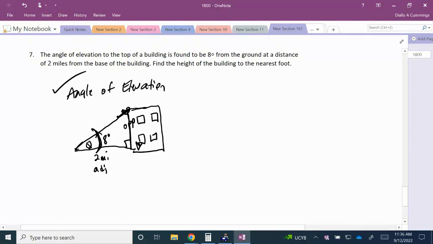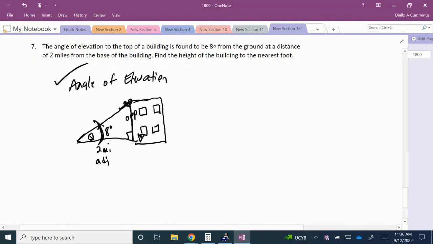So I'm going to set this up as the tangent of 8 degrees is equal to x, or I should say opposite over 2.